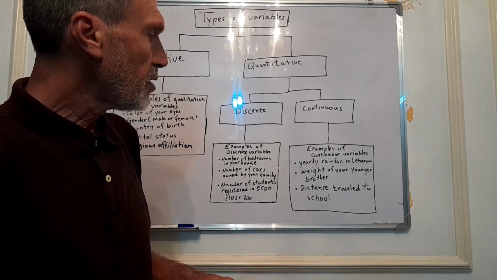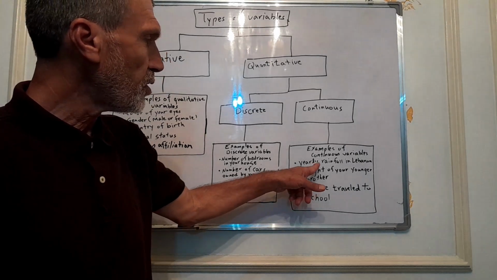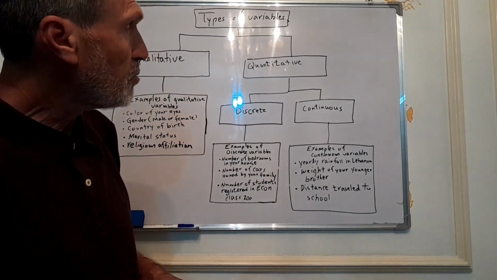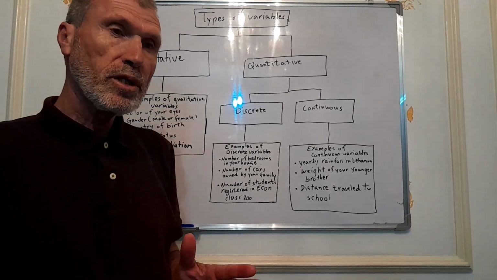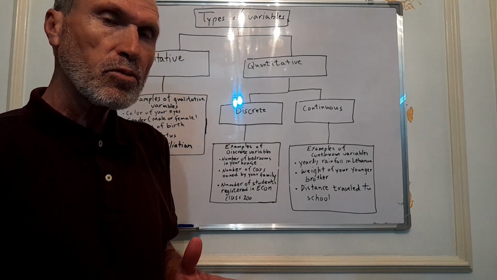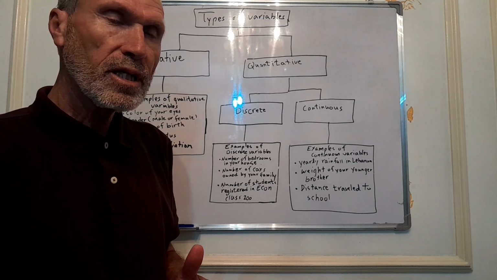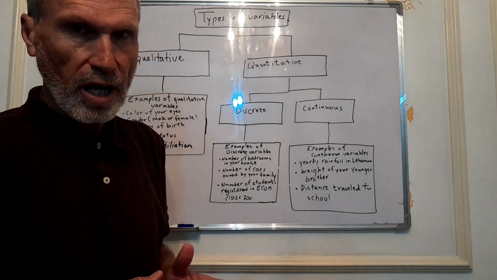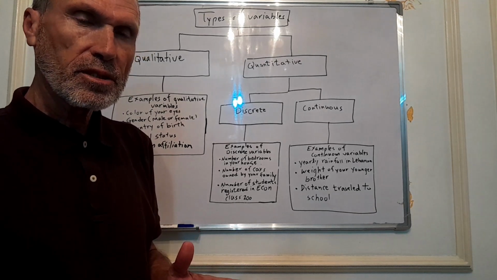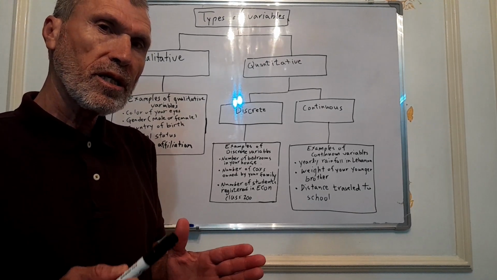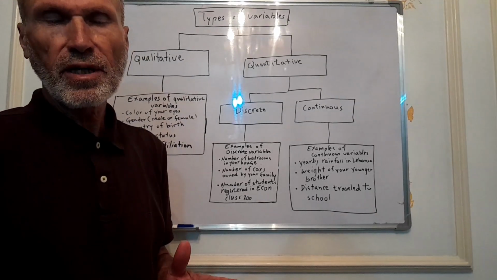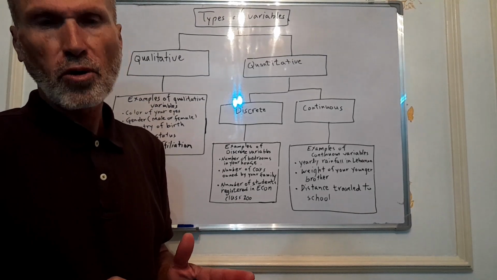For instance, if the recorded value of yearly rainfall in Lebanon is 50 centimeters, this 50 centimeters is between 49.5 and 50.5, not including 50.5.